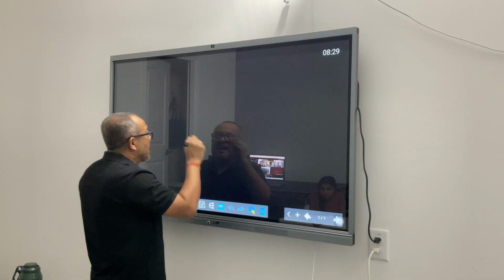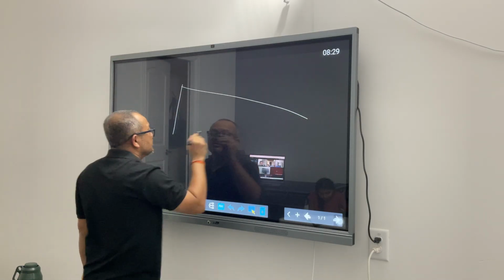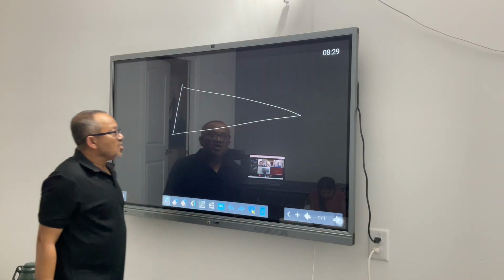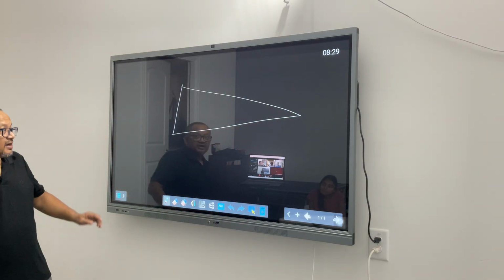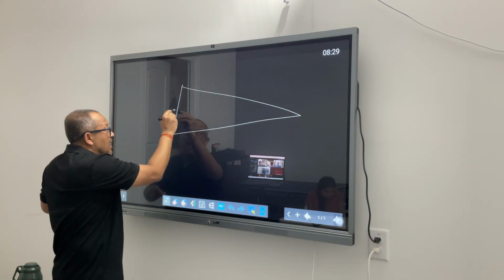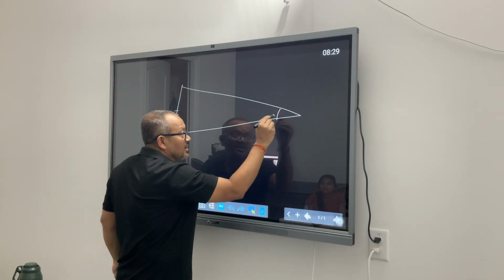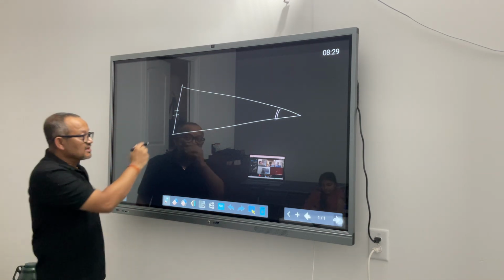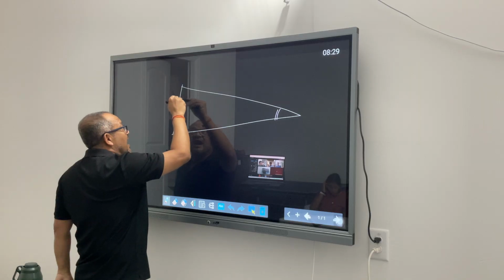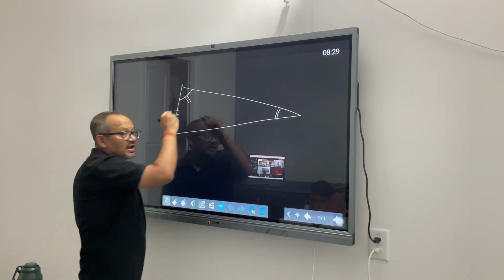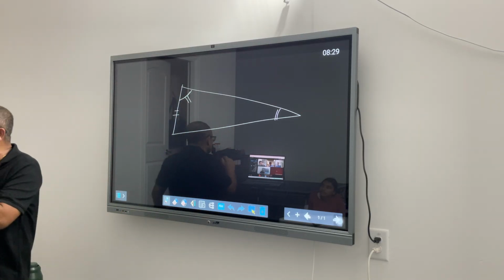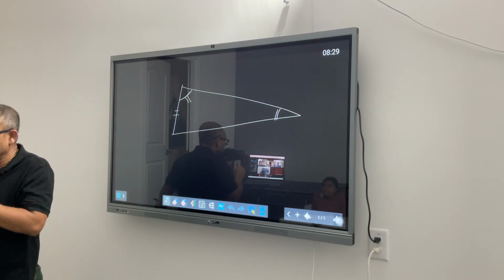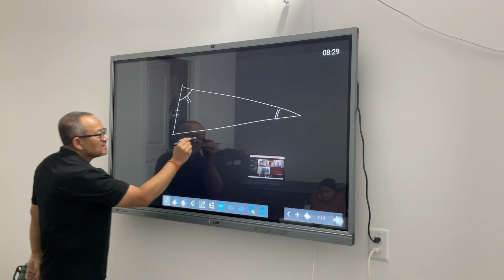If I draw a triangle in my dreams, you can simply observe that the side opposite to the smallest angle is also the smallest side. If this is the biggest side of this triangle, the angle opposite to that will be the biggest angle as well. So there is a very strong relationship between the angles and sides in the triangle. So that is what gets established.